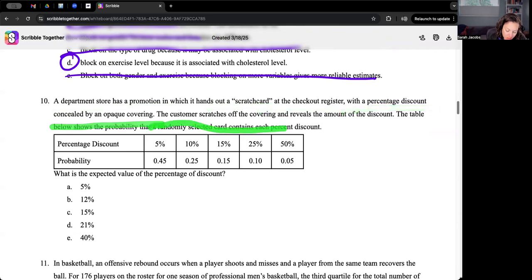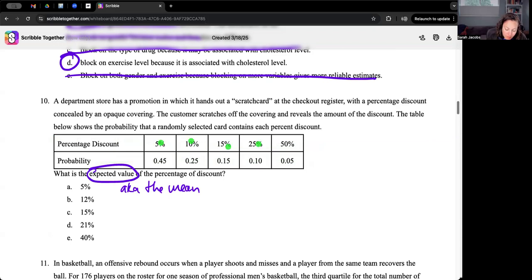The customer scratches off the covering and reveals the amount of the discount. The table below shows the probability that a randomly selected card contains each percent discount. So here's the what, and here's the probability. What is the expected value, aka the mean, of the percentage of discount?